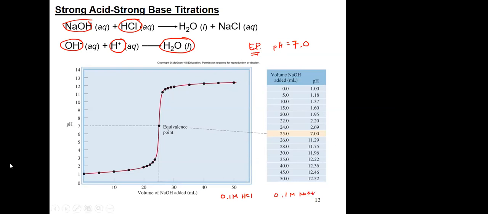As you add base to it, the pH increases. Does that make sense? When you add base, the pH increases, because base usually has a higher pH.